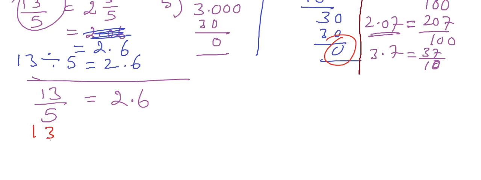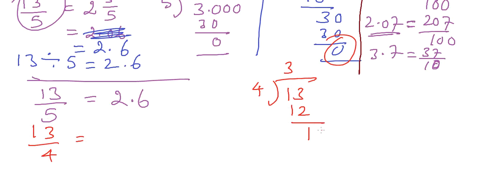Similarly, 13 by 4, what do you get? When you divide 13 by 4, 4 times 3 is 12, remainder 1. Then add 0, and after the 3 place a decimal point.